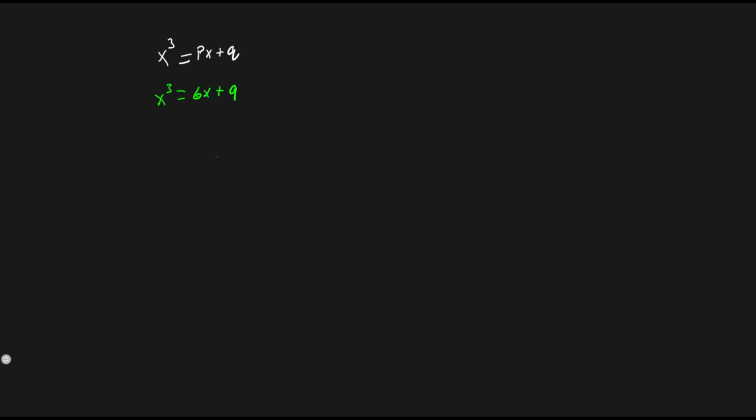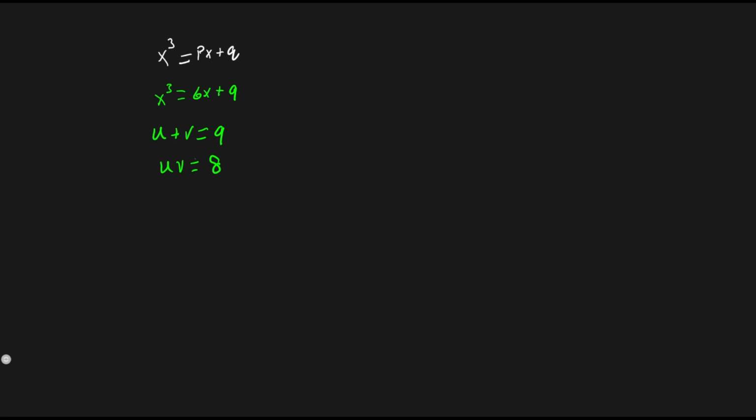And we'll go ahead and find u and v. So we will get that u plus v is equal to q, which is 9, and u times v is equal to 6 over 3, all cubed. But we see that this is 2 because 6 divided by 3 is 2, so 2 cubed is 8.